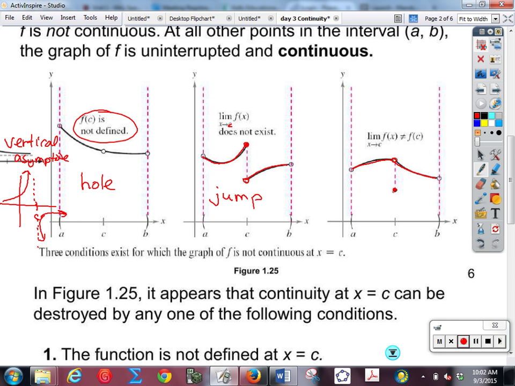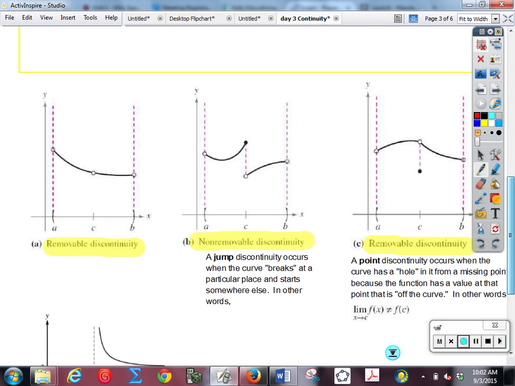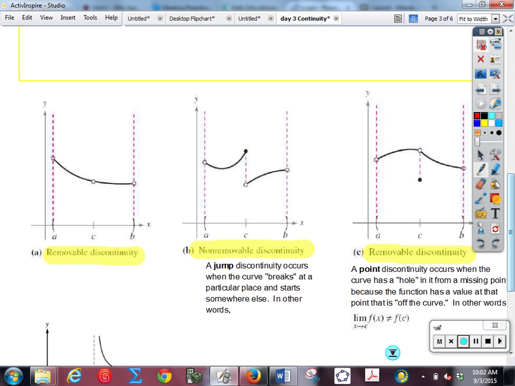On that one, it's actually called point discontinuity, but you don't really have to know that. Just know most of the ones you have to do today, when you have to say why it is discontinuous, you won't have to say that.